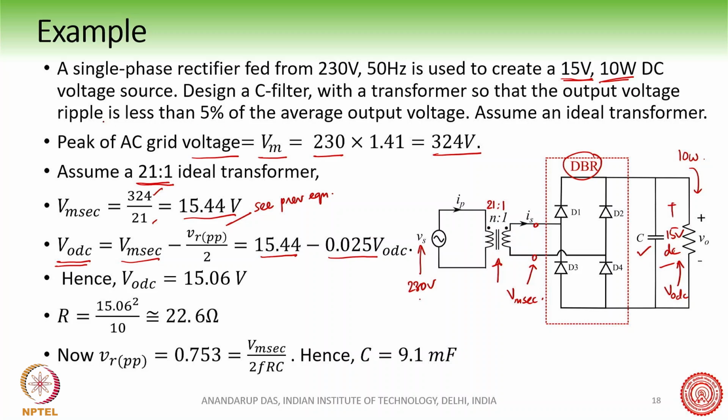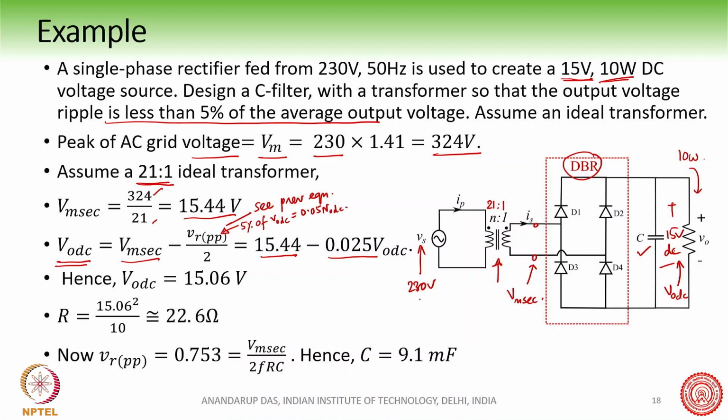We have said that the output ripple is less than 5% of the average output voltage, so Vr peak to peak is 0.05 V0 DC.